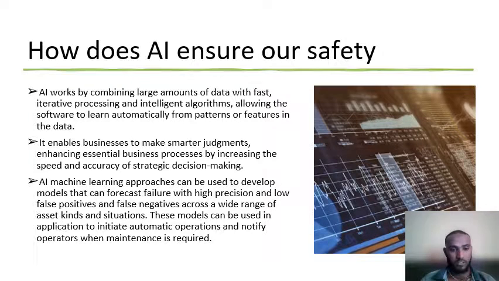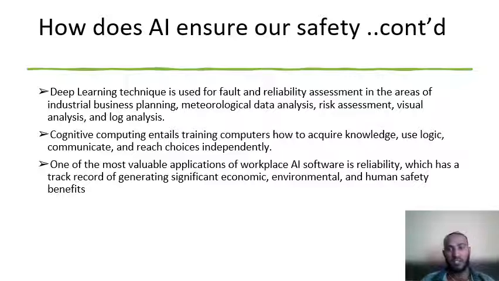So we're going to go to the next slide. It's how does AI ensure our safety, which is the topic continuing from the previous slide. Deep learning techniques are used for fault and reliability assessment in the areas of industrial business planning, meteorological data analysis, risk assessment, visual analysis and log analysis.